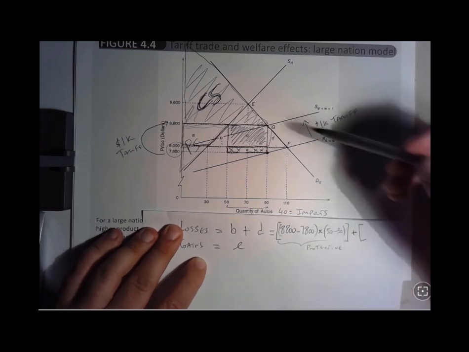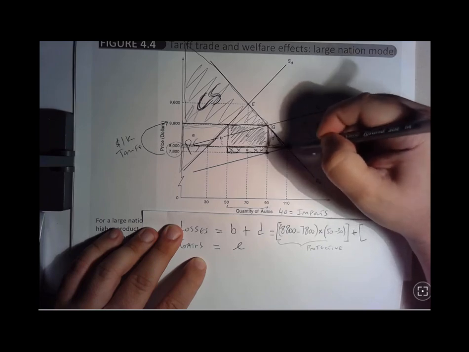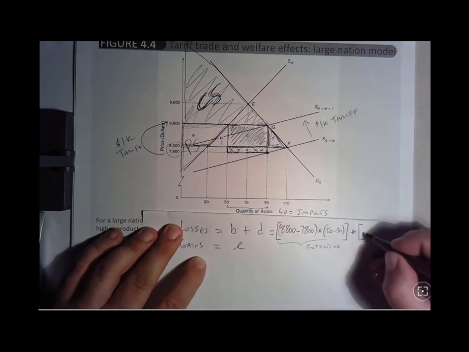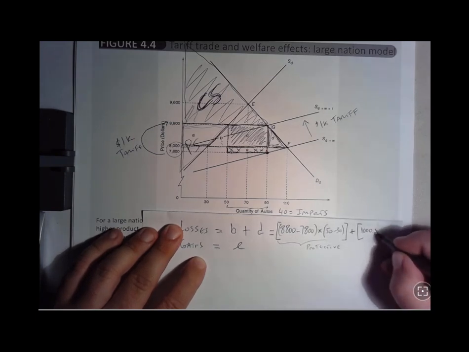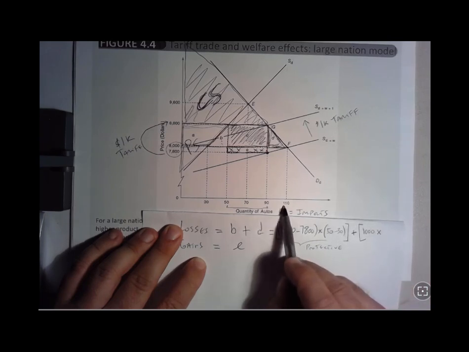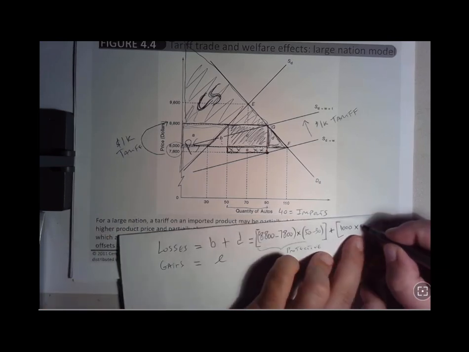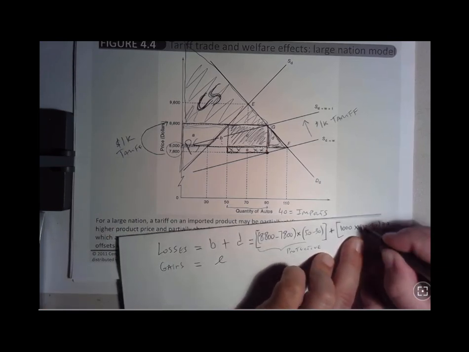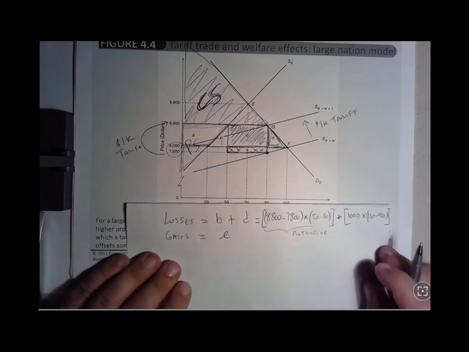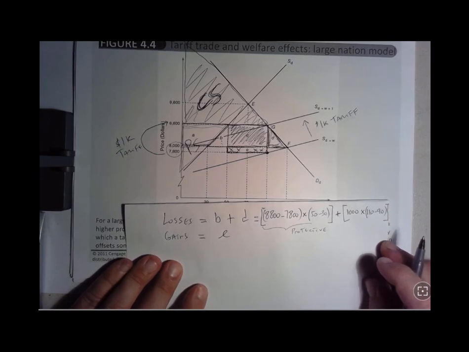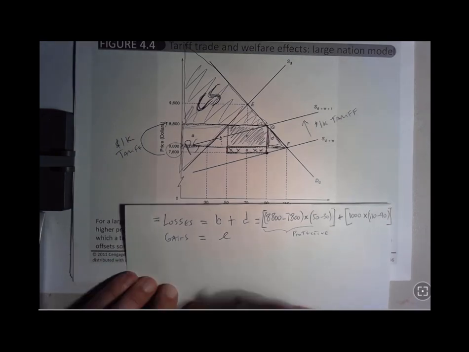Now the consumption effect, this triangle D. The rise is the tariff value, 1,000, and the amount of decline in consumption is 20. It's 110 minus 90. So our losses amount to $40,000.